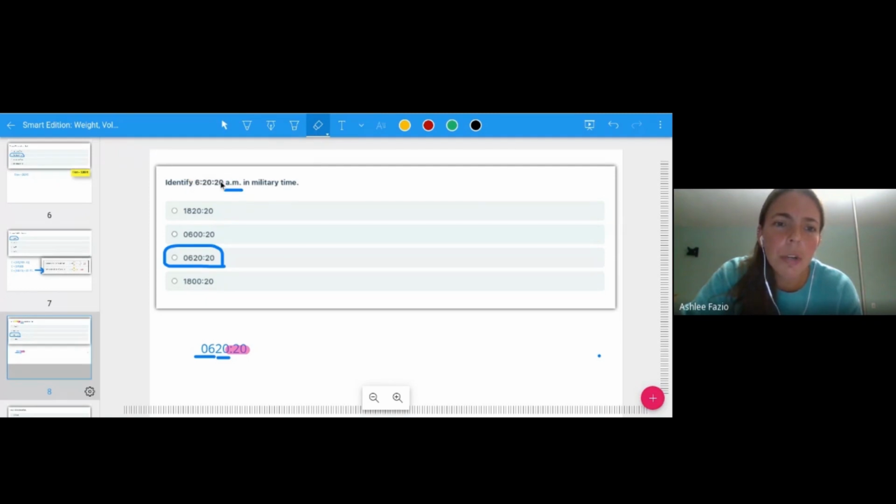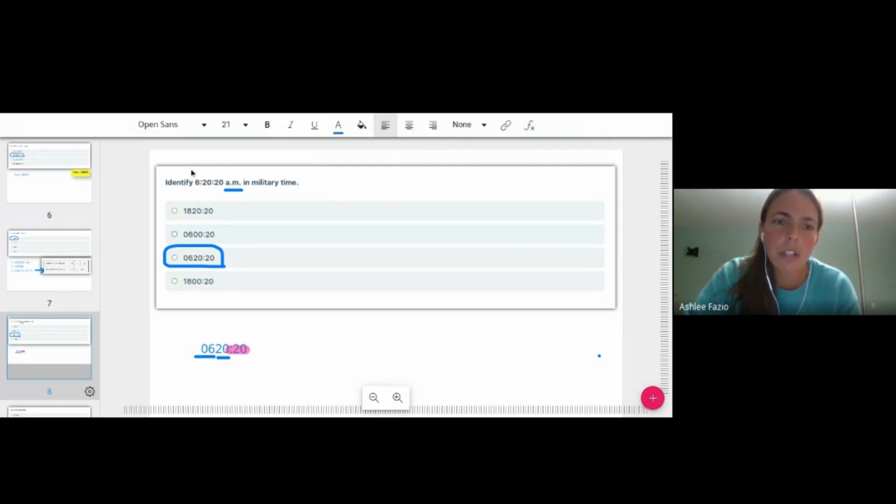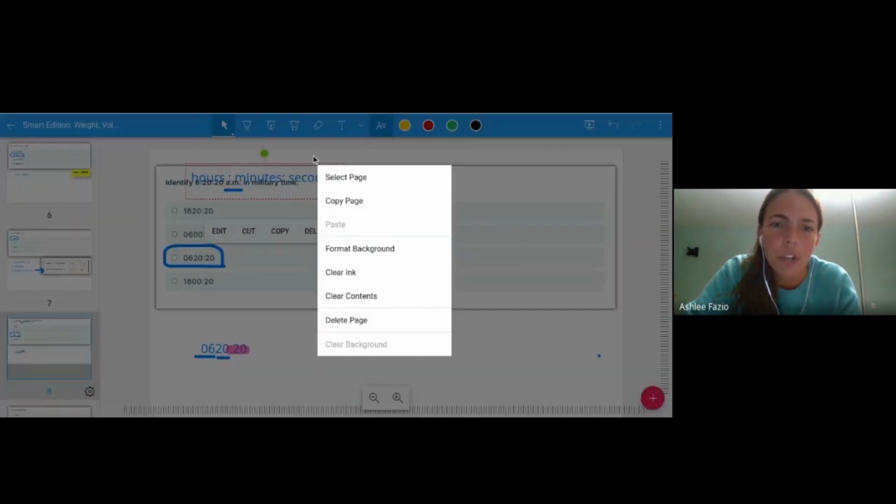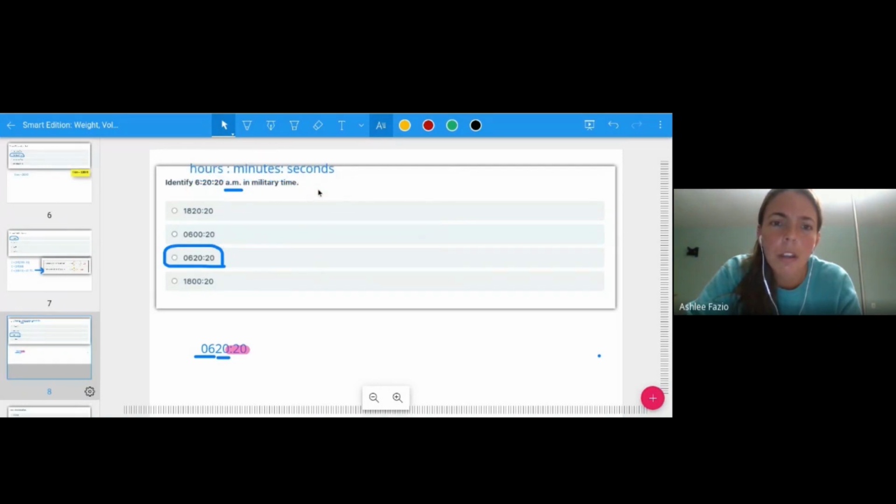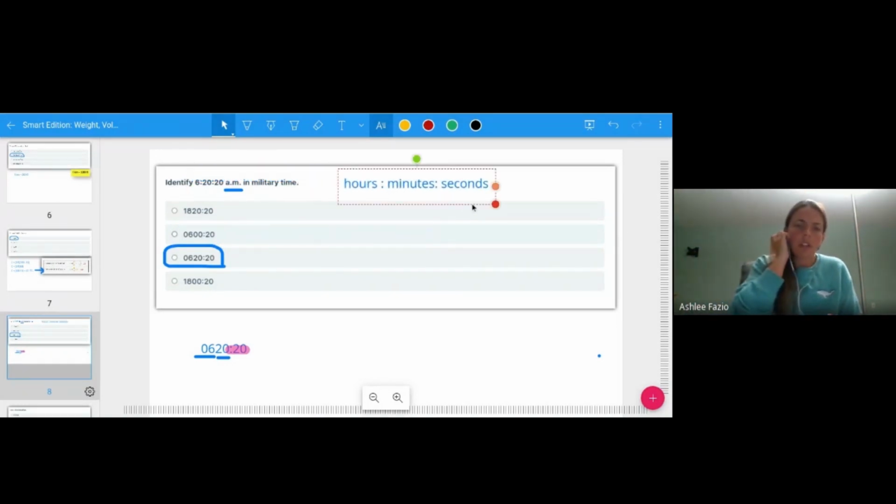But essentially, you are putting this in the format of hours, minutes, and seconds. When we convert that into military time, we drop that first colon. Tell me if that wasn't very clear, or if that helps a little bit.